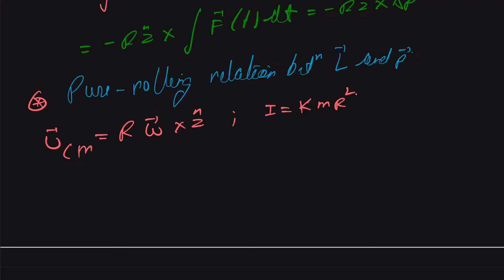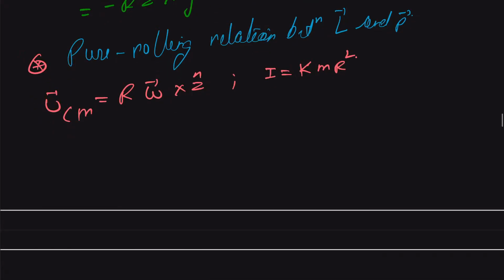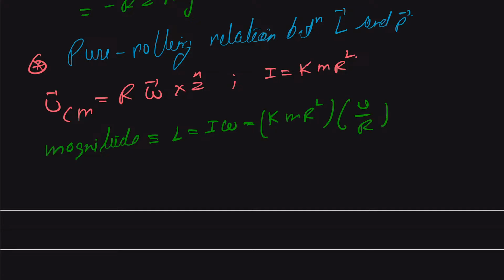And the magnitude of L is nothing but our I times omega. So we can write this as k m r square, and omega is v upon capital R, and this r goes by square.